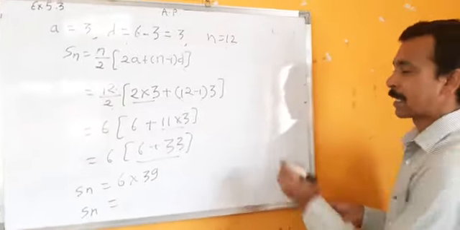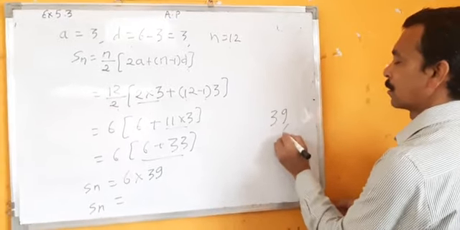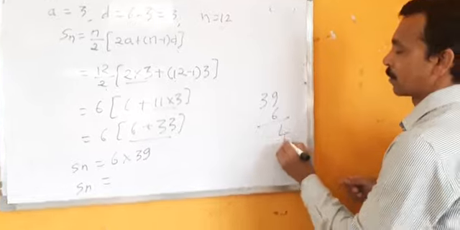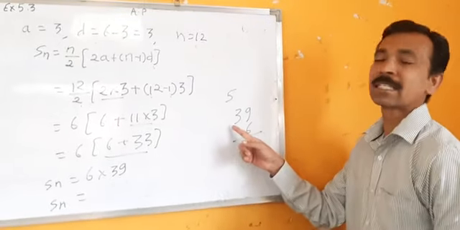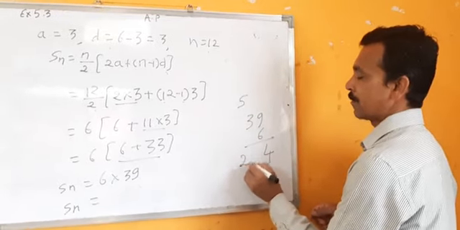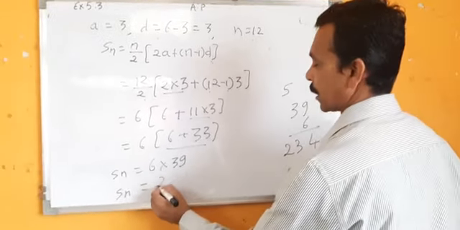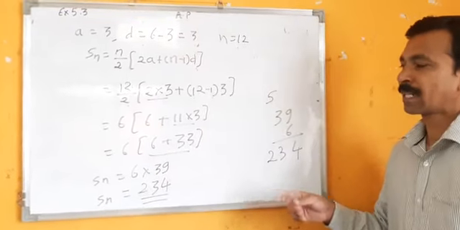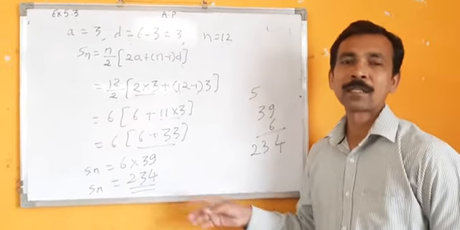Multiply 39 into 6. 6 nines are 54, 5 carry, 6 threes are 18, 18 plus 5 is 23. So it is 234. So 234 is the final answer.